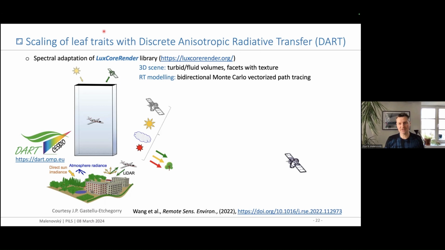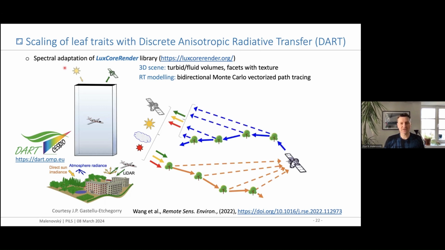So if we have a sensor, we first probe which photons go to the sensor. We then trace them backwards to the source, which in our case is the sun. And we also use interconnection between these path lengths to simulate the interactions of the light within the canopy and also in the atmosphere.